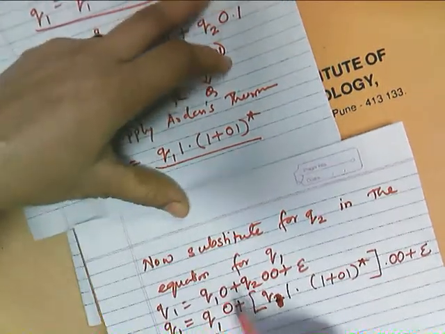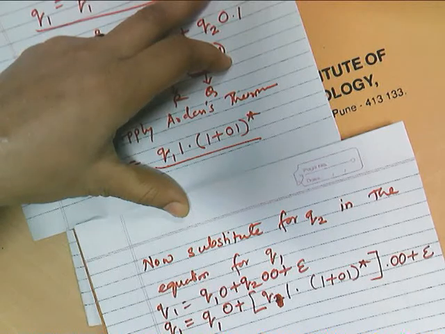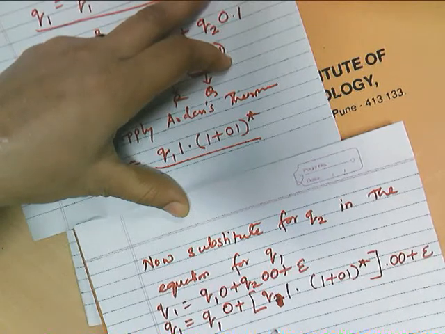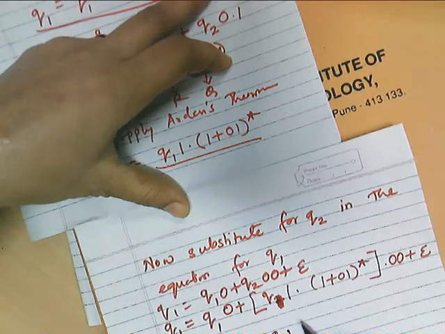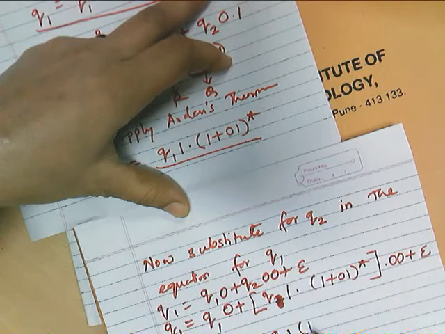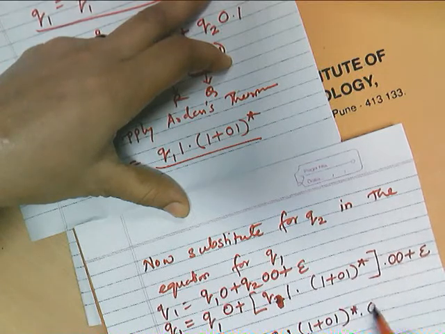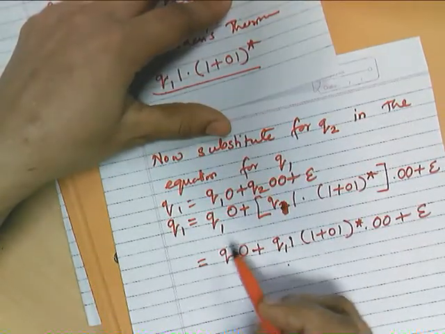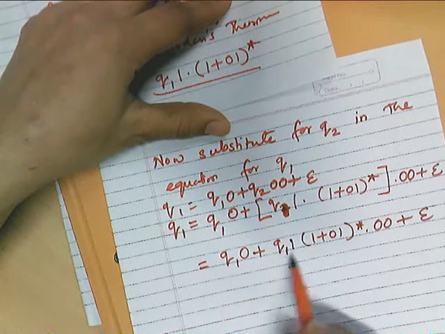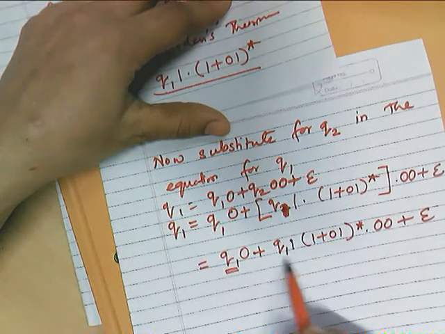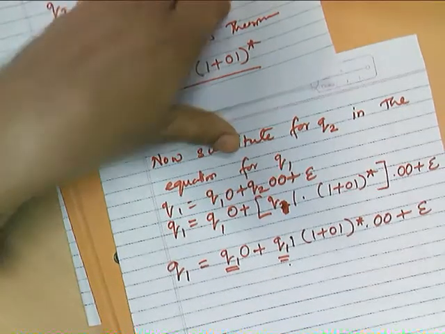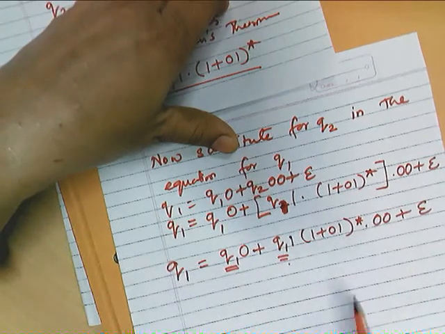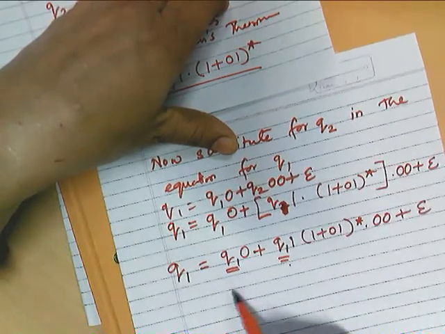Okay, after simplifying this, what you will get? Q1 0 plus Q1 1, then 1 plus 0 1 whole star dot 0 0 plus empty, right? Next, whether we are having some common here? Yes, we are having this Q1, other things are already there. So now we are getting an equation which is having only Q1, other things are known to you. So taking common, what you will get?